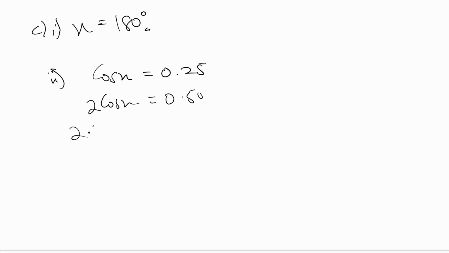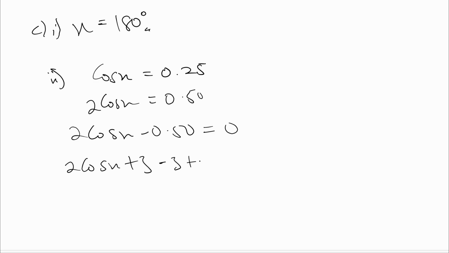We have 2 cos x minus 0.50 is equal to 0. Now when we add 3 to both sides, we have 2 cos x plus 3 minus 3 plus 0.50 is equal to 0.